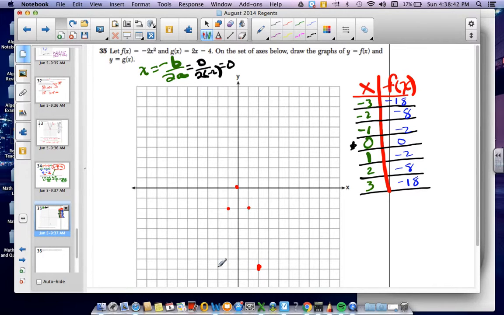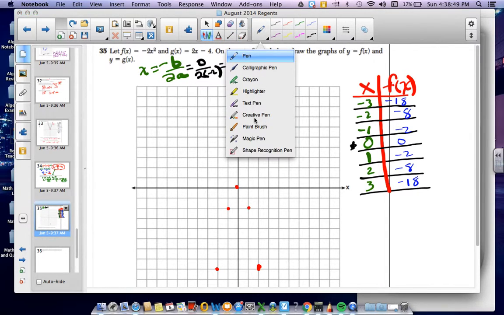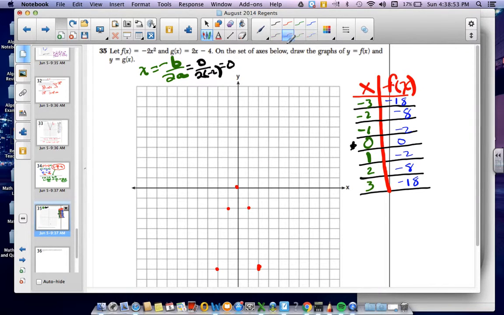It's kind of close. And down here. And we're going to try our best to connect this with a smooth U-shaped curve for our parabola. And we'll stick with the red. It's going to be a little hard doing this without the smartboard, but you get the general idea. Fix that a little bit.